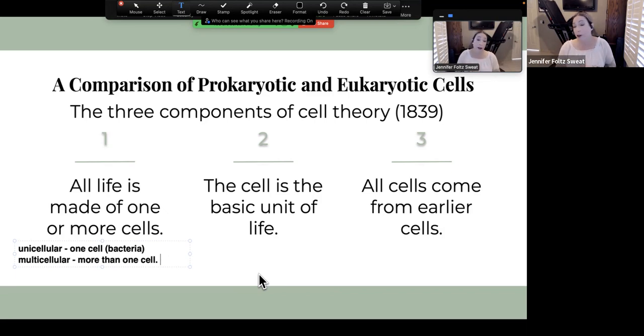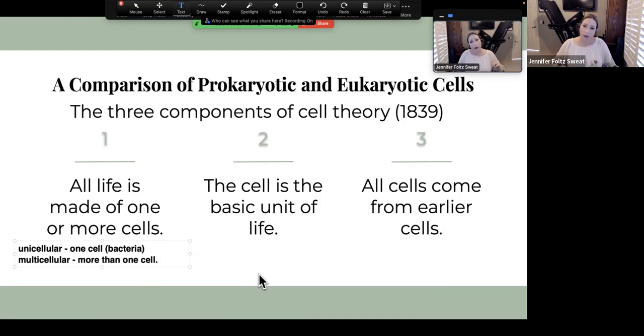Well, bacteria can reproduce. It's not sexual reproduction. They reproduce with a form of asexual reproduction. Response to stimuli. Bacteria can respond to chemicals or proximity to other bacterial cells. So all of these characteristics of life can occur in a unicellular organism.